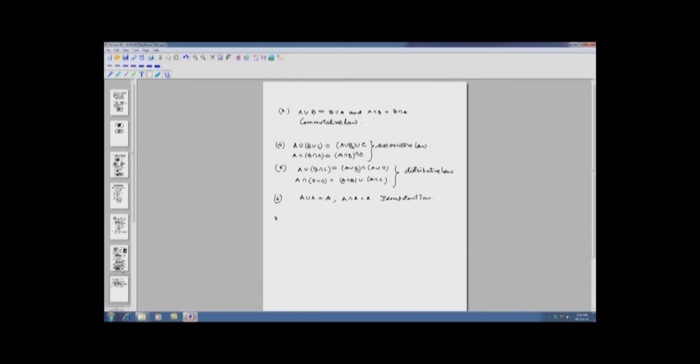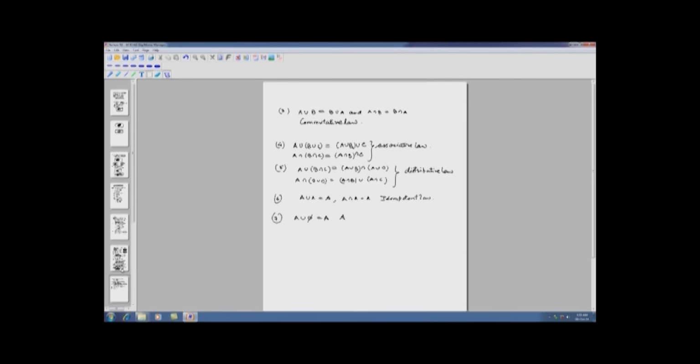Seven, A union phi equal to A, that is of course, if I take union of A with the set which has no element, then the result is A. Similarly, if I take A and take the intersection with the universe, then also I will get A. This is called identity law.